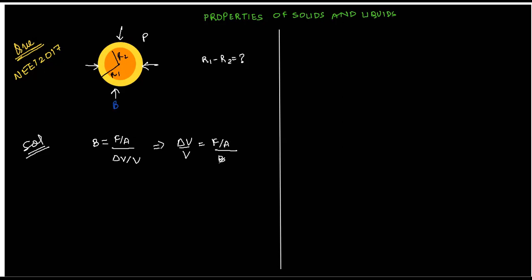Now we know how V and R are related to each other. V is equal to 4 by 3 pi r cube, correct?